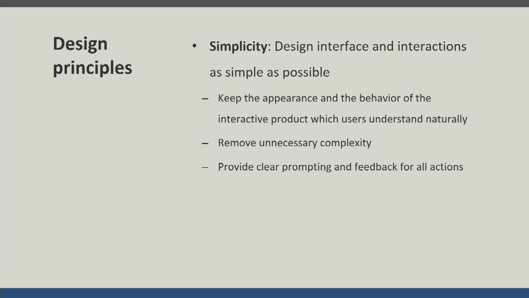In that manner, there is a possibility that the interactive artifact becomes simpler to use. Keep the appearance and the behavior of the interactive product such that users understand it naturally. And then remove unnecessary complexity. Provide clear prompting and feedback for all the actions.